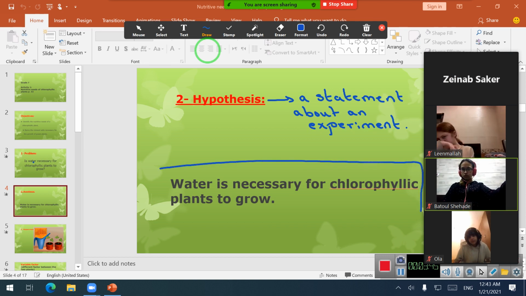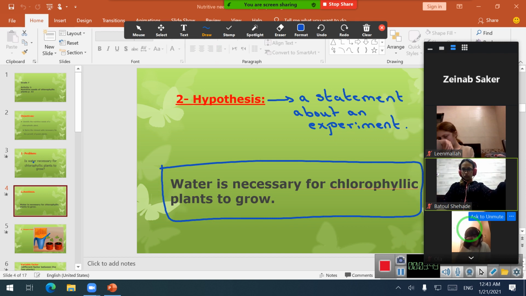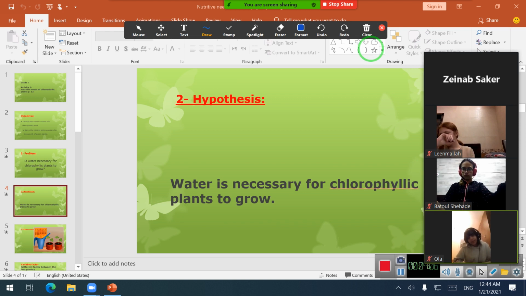What is the hypothesis we have now? Ola, can you please read this hypothesis? Water is necessary for chlorophyllic plants to grow. Thanks, Ola. So, this hypothesis could be: water is necessary for chlorophyllic or green plants to grow.